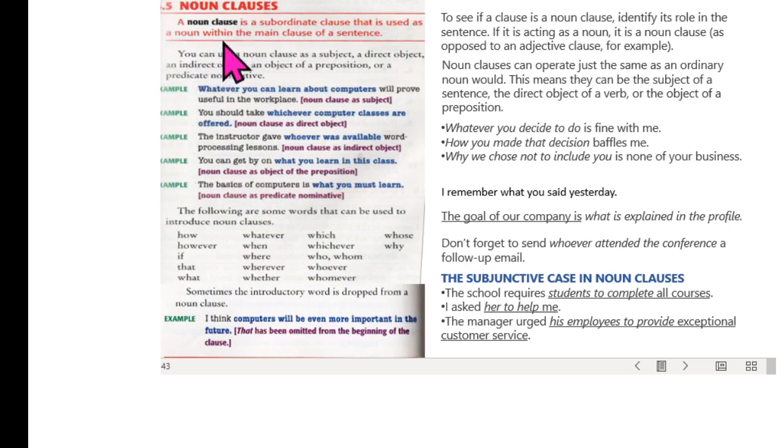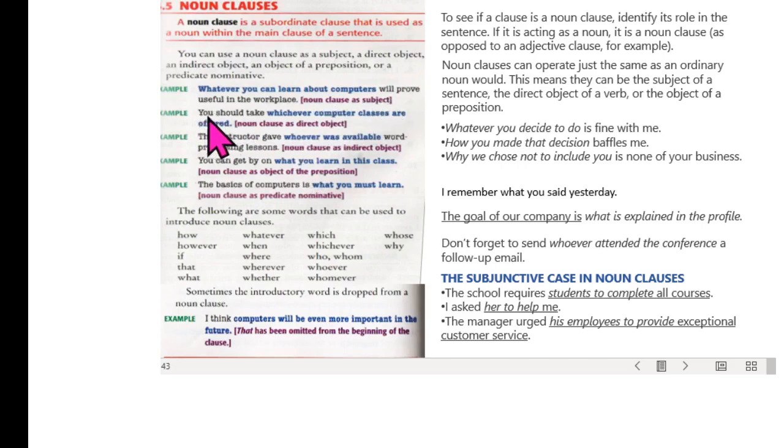Okay? You see, whatever you can learn about computers, that's a noun clause, will prove useful in the workplace. Will prove useful in the workplace is the predicate. Whatever you can learn about computers is the subject. Noun clause as a subject.